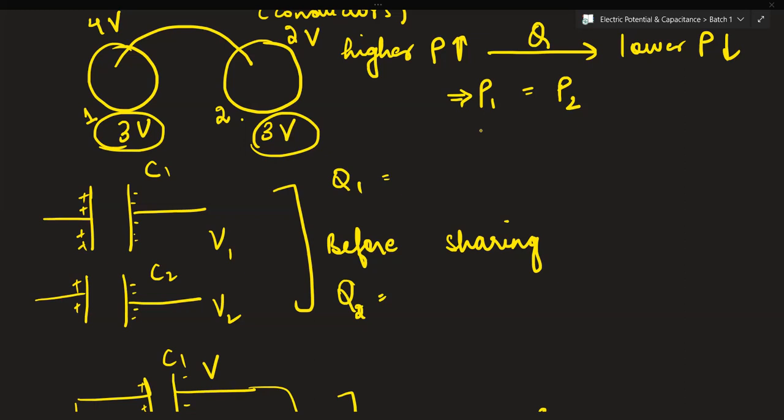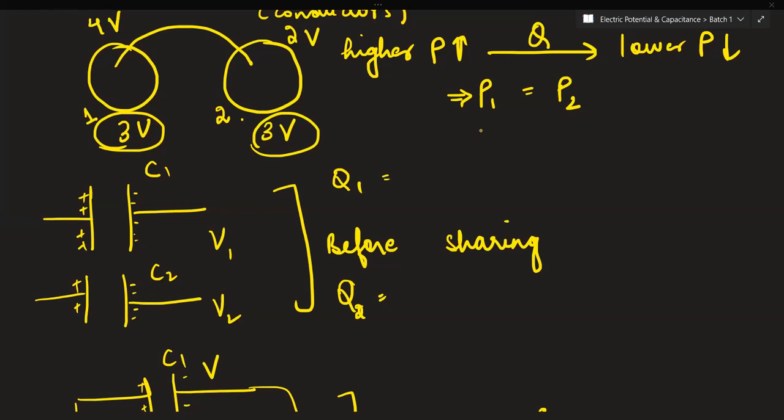Capacitance is C1, potential is V1. So charge on this capacitor should be... Yes, Fahad, you are right. It will be C1 V1.